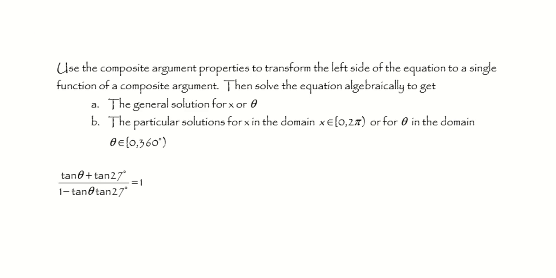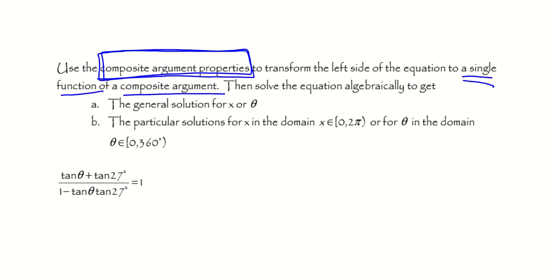We've simplified that. So this third example, we're going to use the composite argument properties, not giving us an option to transform the left side into a single function of a composite argument. So I'm here looking at the tangent of theta plus the tangent of 27 over 1 minus the tangent of theta times the tangent of 27.